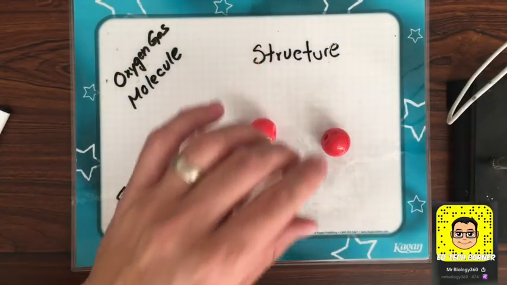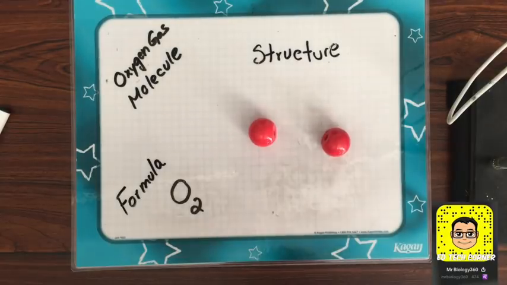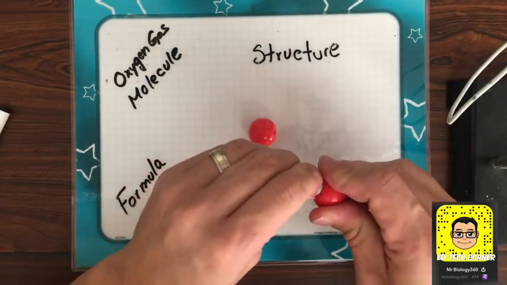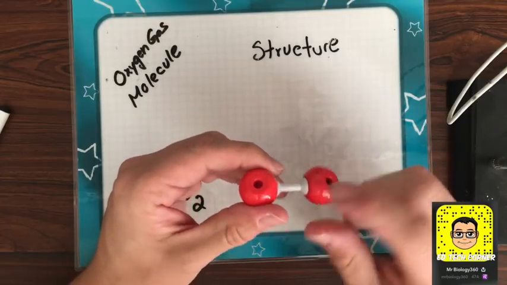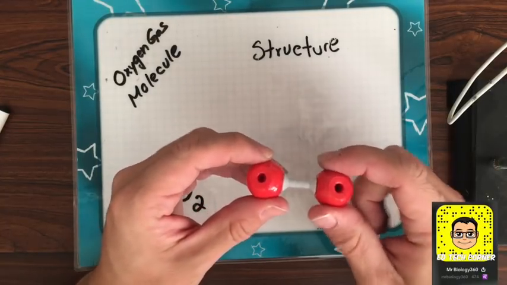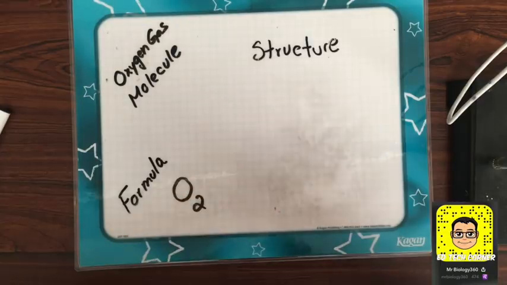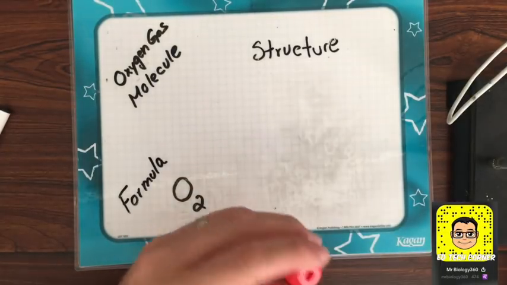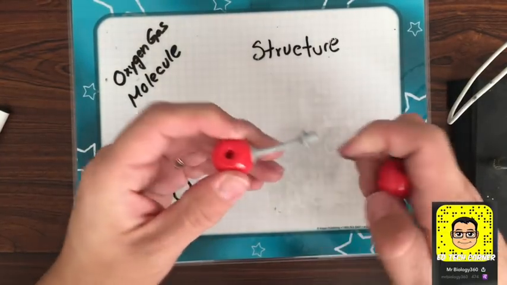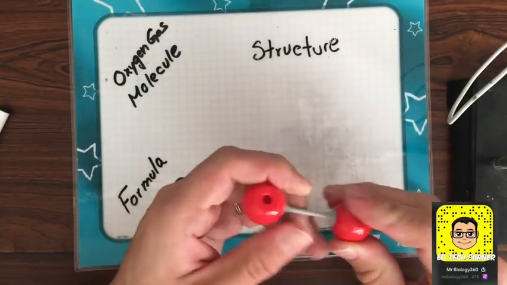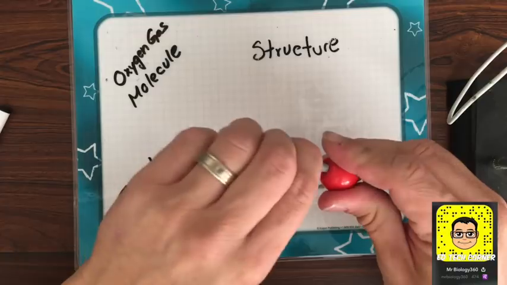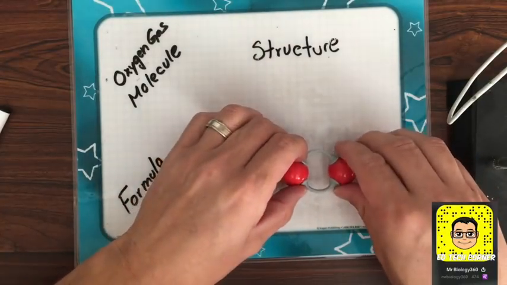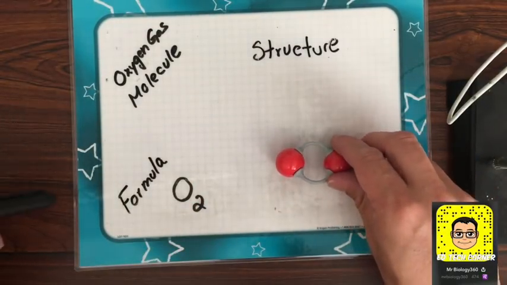If we use our small connectors to build this, we're going to have an empty hole, and we don't want that because that means the 2 atoms are missing electrons. So in this case, we're going to need these flexible connectors, and these flexible connectors allow us to make a double bond. Got it? So O2 actually looks like this.